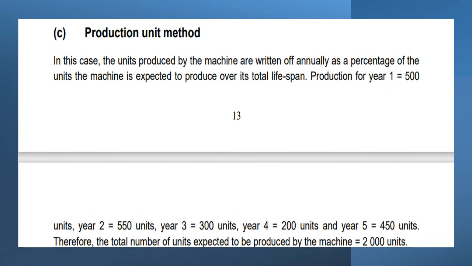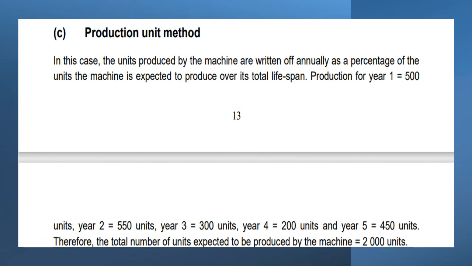Then the last method that we need to look into is the unit of production. You were told earlier that under the unit of production, we are writing off this machinery using the actual units that have been produced over the expected units to be produced for that particular machinery.